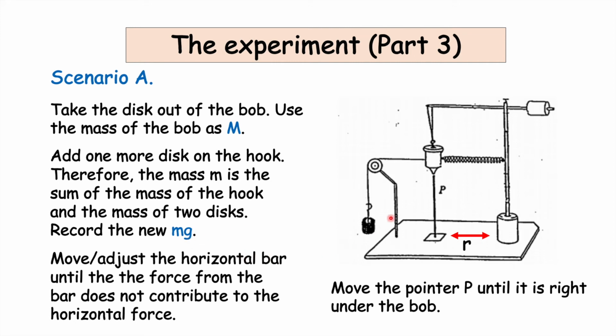Adjust the horizontal bar until the force from the bar does not contribute to the horizontal force. Move the pointer until it is right under the bulb.